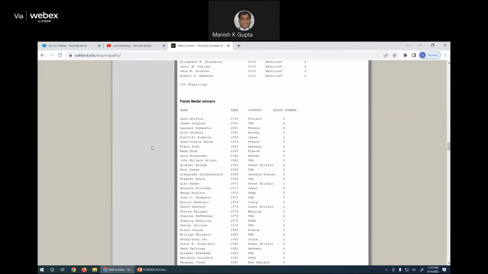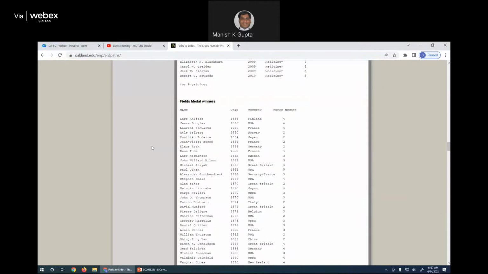Anyone who has published anything will have an Erdős number. Normally you will find people with 11 or 12 at most; it doesn't go far. Most people you can classify under 11, 12 or so.